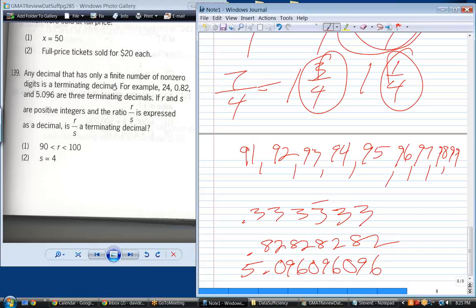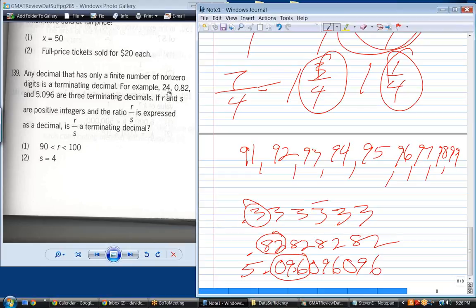A terminating decimal is finite, meaning it has to stop at some point. Well, you can have 3, you can have 2, or you can have 1. But these are repeating, these are terminating decimals.